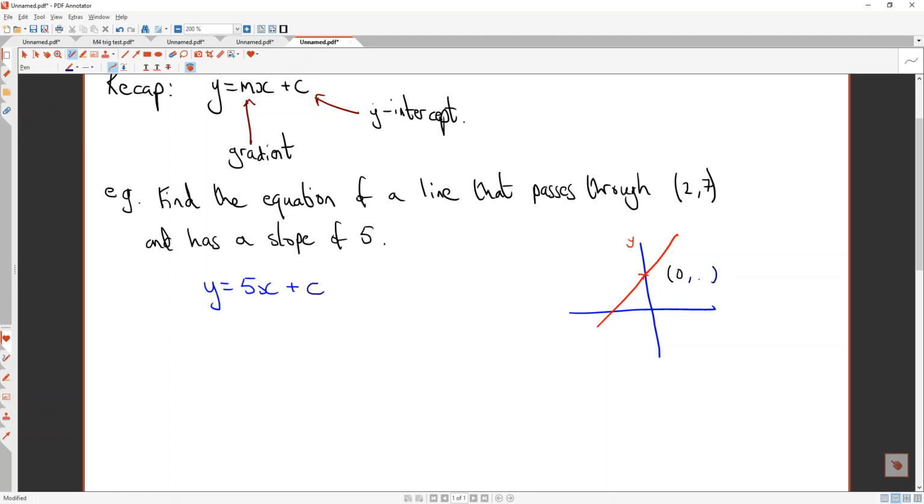Okay, so I need to figure out what this number here is. Any thoughts on how I can go about doing that? So I've used this information of 5. I'm going to use this to find out what c is. All right, Neil?